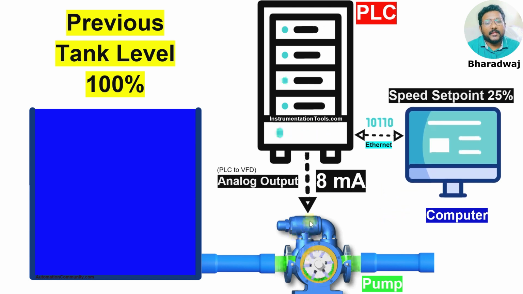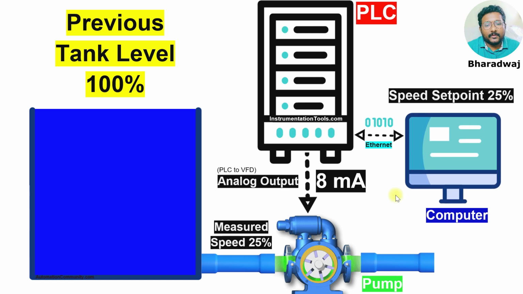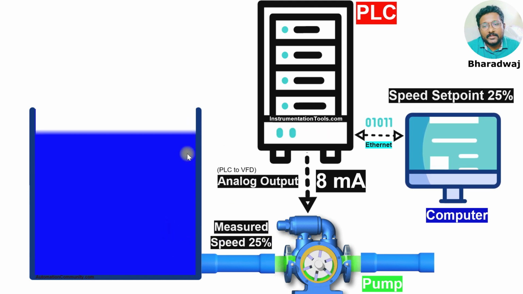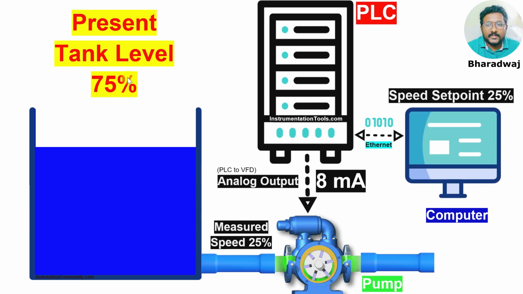That is why the pump is started. That means the pump is rotating, so there is some speed value. The measured speed is right now 25 percent. The water starts draining and the tank level is reducing. After some time, the tank level reaches 75 percent.